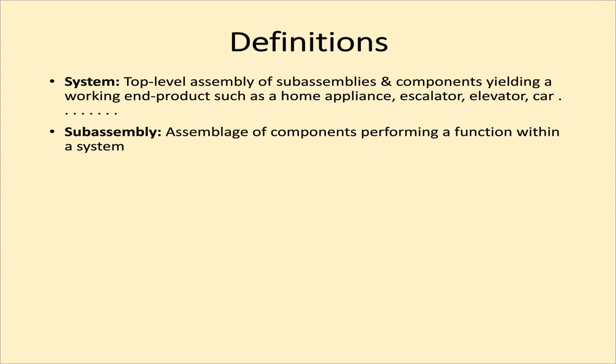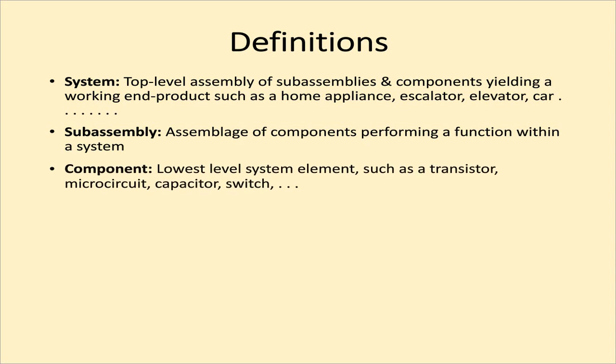As an example, you might have a digital display on a refrigerator that was a subassembly within the refrigerator system. Component, again, for the purposes of this presentation, is the lowest level system element. It could be a nut, a bolt, a wire, transistor, microcircuit, etc.